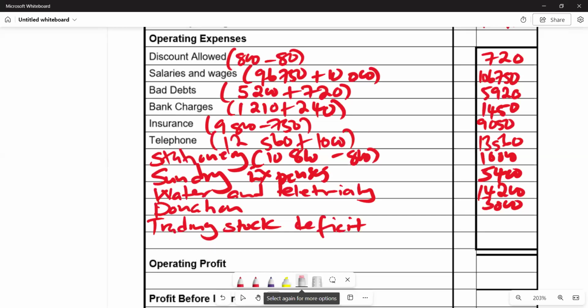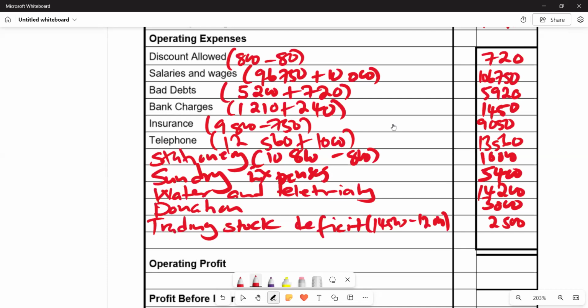So here, what we are saying is 14,500, and then we subtract your 12,000, so that we get the figure that we want to get for trading stock deficit. So this is our trading stock deficit, which is 2,500 that we calculated on top there.